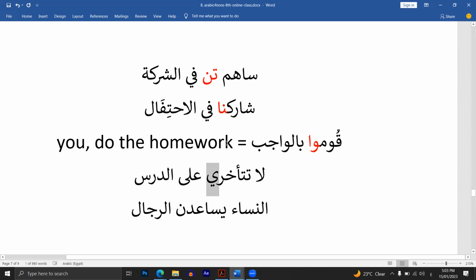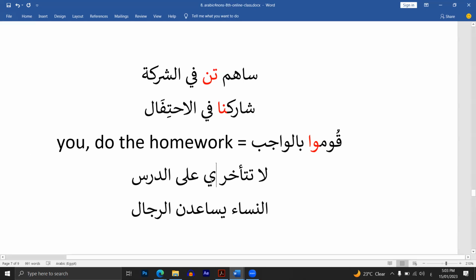What is the name of this pronoun? I think it's ياء المخاطبة. Because it's a female we are talking to. Yes, that's right. لا تتأخري.